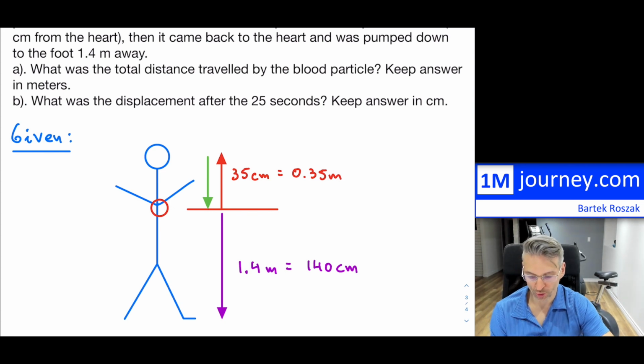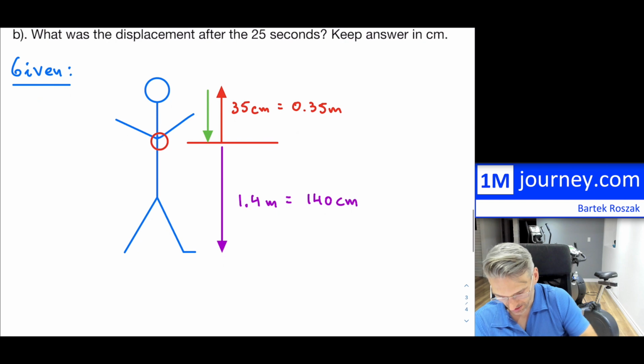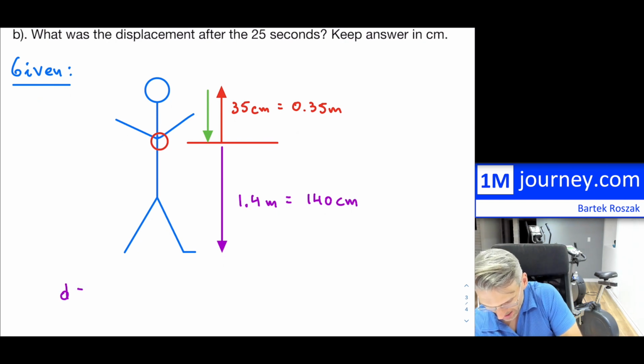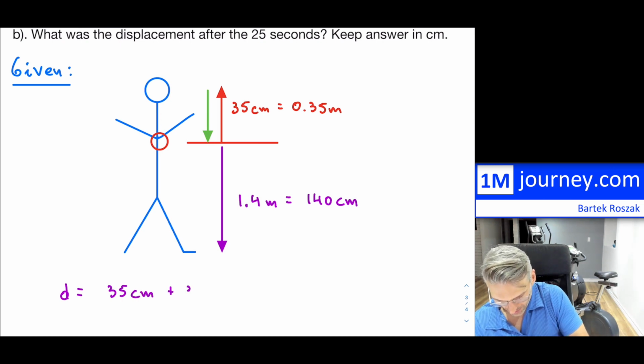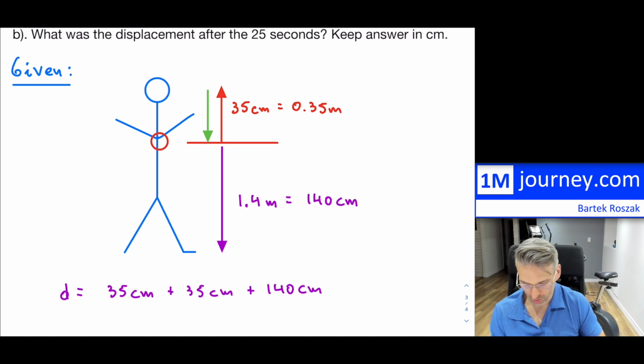Now, what was the total distance traveled by the blood particle? Well, the total distance is going to be 35 centimeters that it went up, 35 centimeters that it came down, and then it traveled 140 centimeters in total to go all the way through.